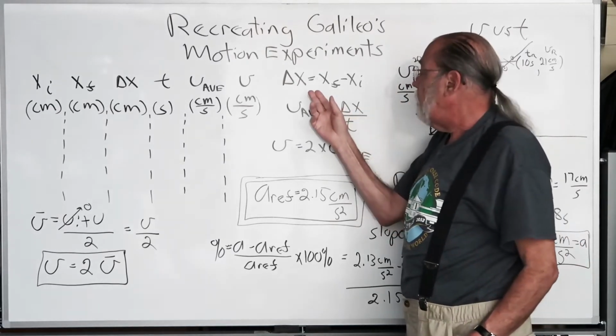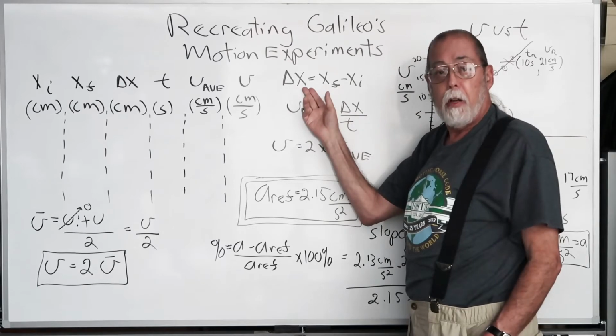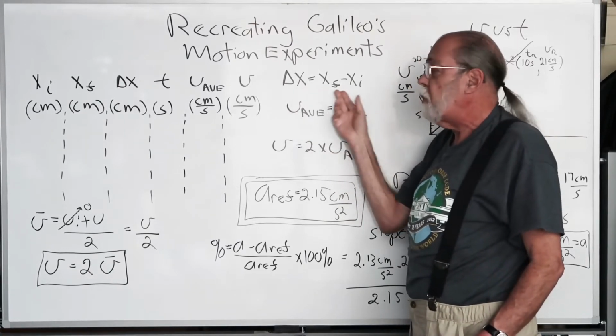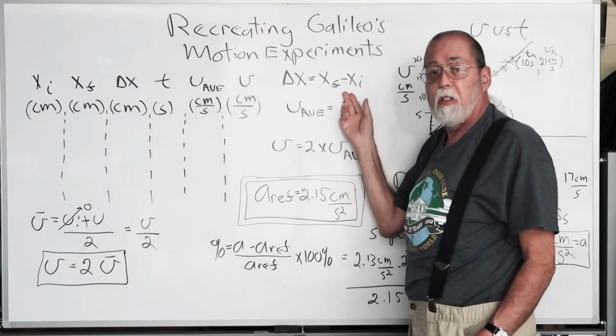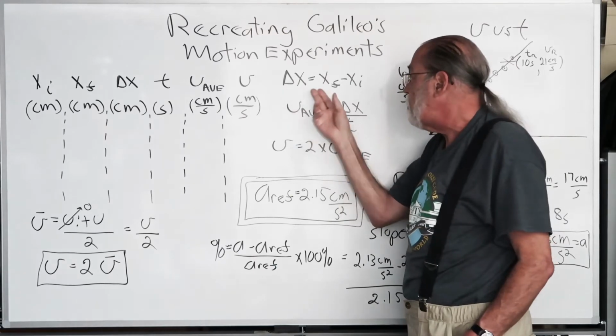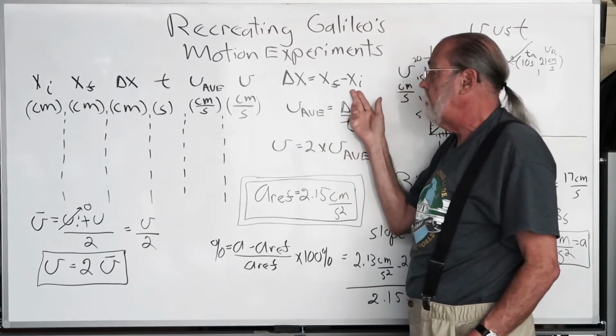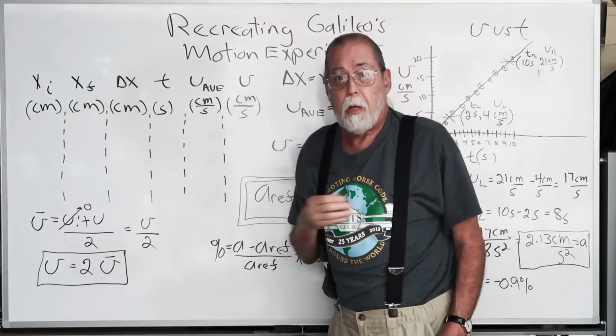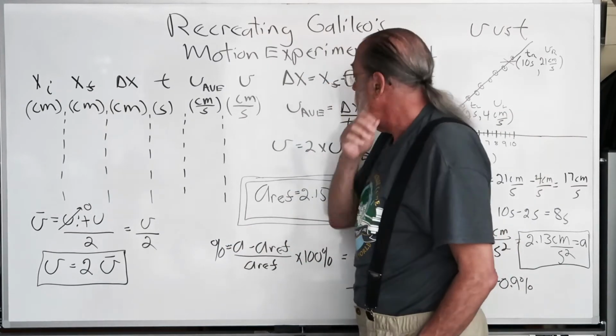I want to see in the sample calculation area of your worksheet at least two of these calculations. I don't need to see every single one, but a couple of them is good, with units, units, units. Then you need to calculate the average velocity of the glider on each run.